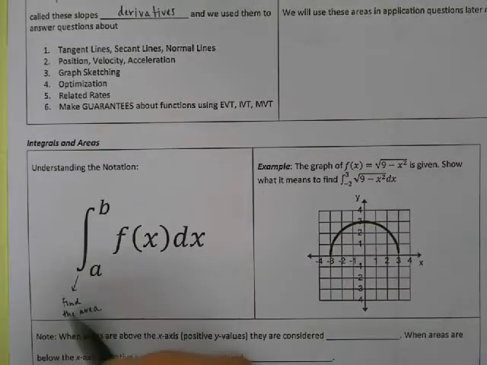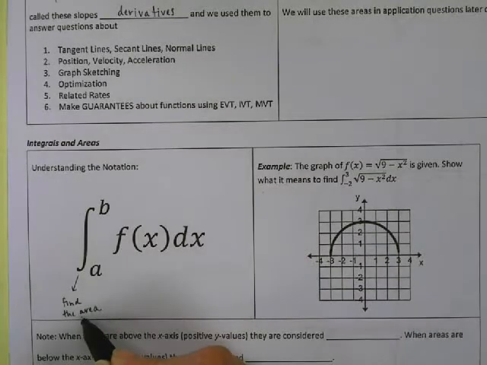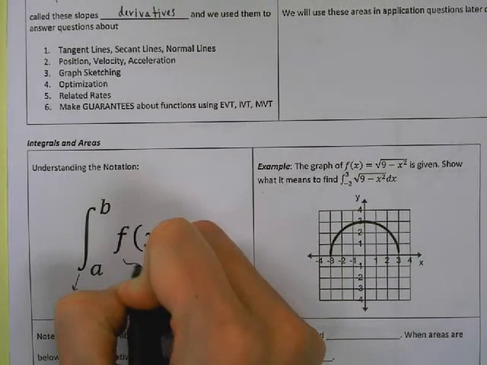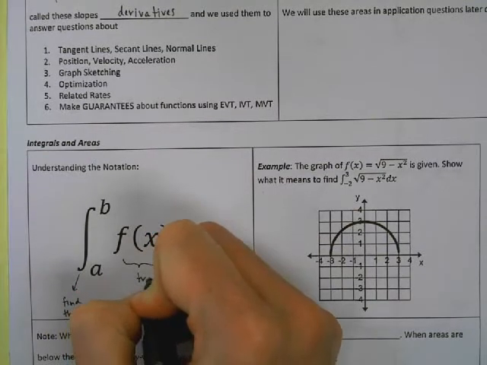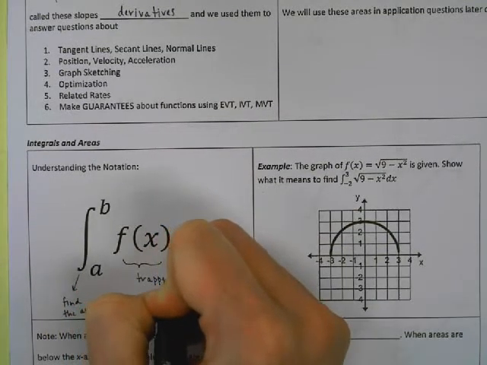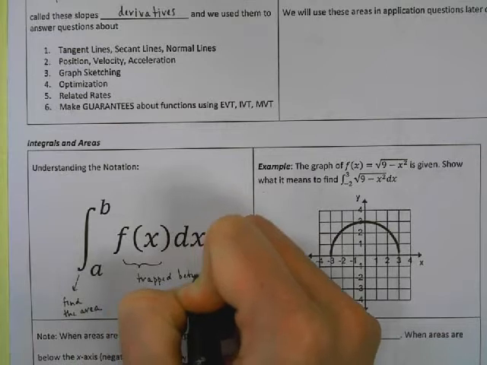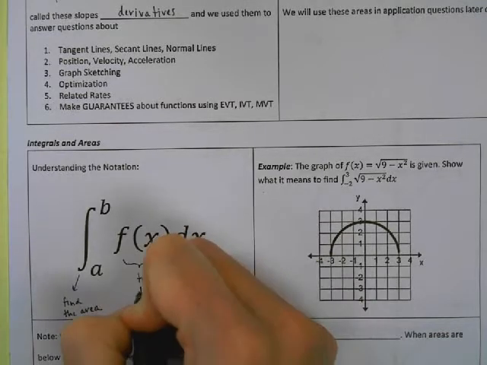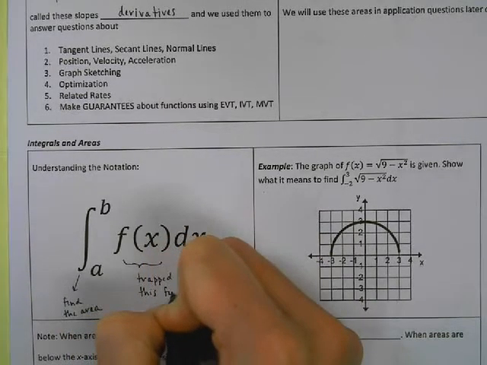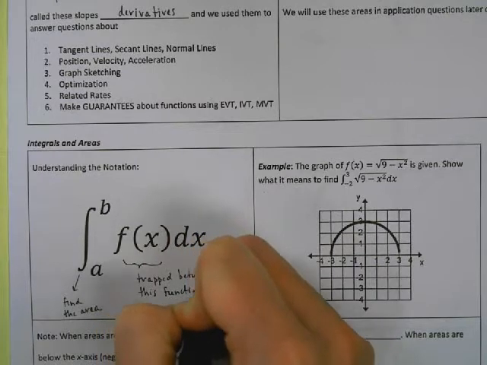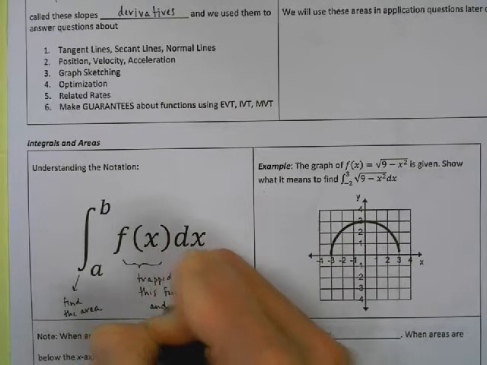So when we see this notation, we're finding the area that's trapped between this function and the x-axis.